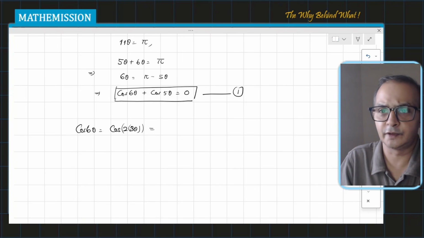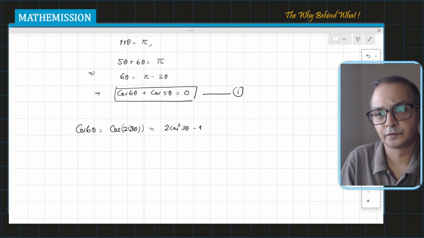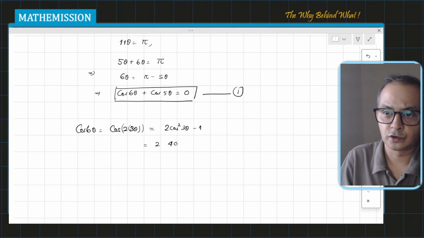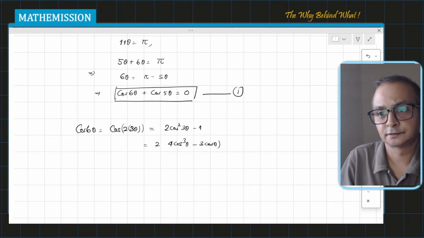Okay, so I can write there that cosine 2 theta is 2 cosine squared 3 theta minus 1, and cosine 3 theta I can write as 4 cosine cube theta minus 3 cosine theta, the whole power 2, minus 1.